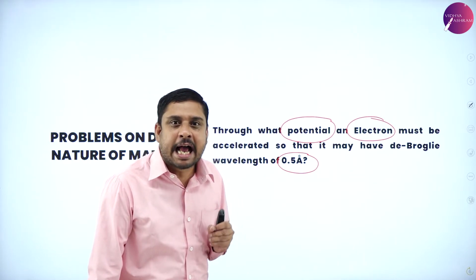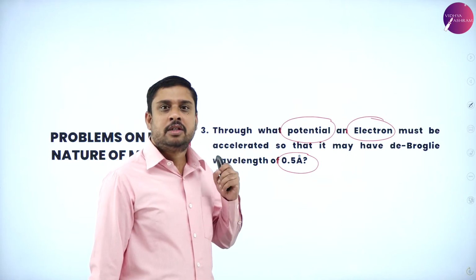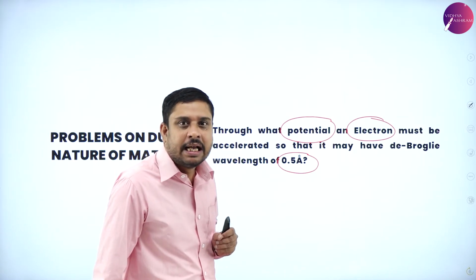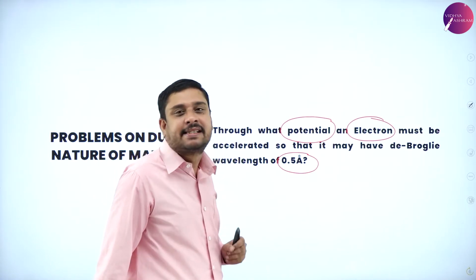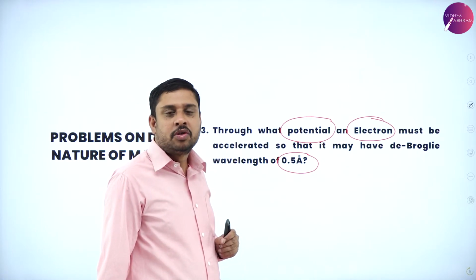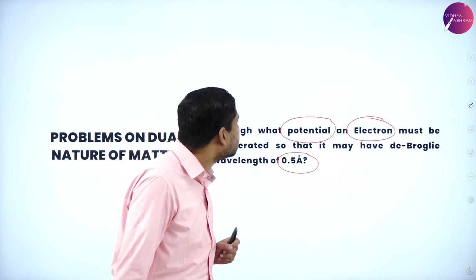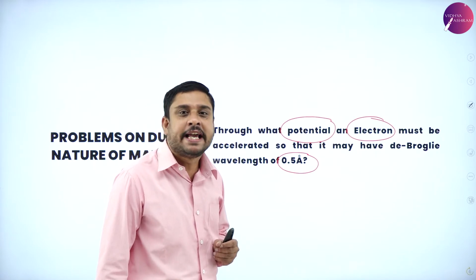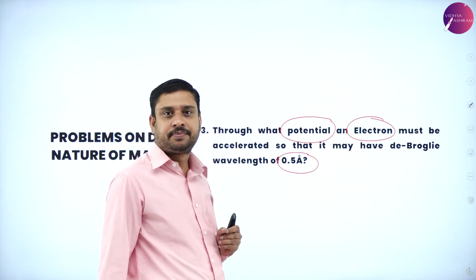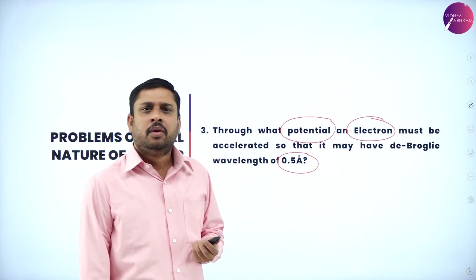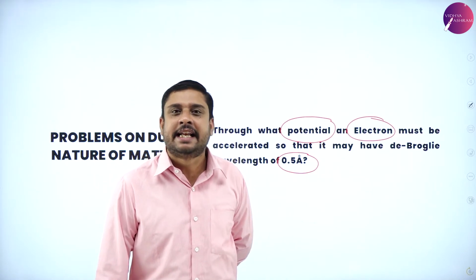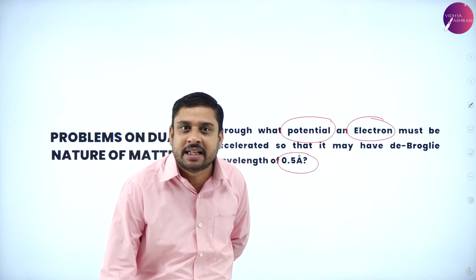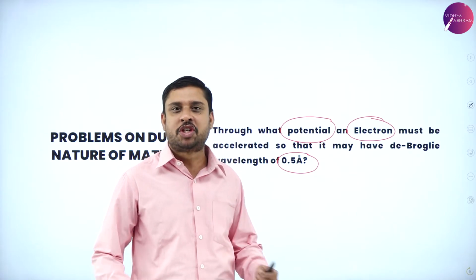So we are calculating the potential through which an electron is accelerated so that it has a de Broglie wavelength of 0.5 angstrom. Now, do I have any relationship between de Broglie wavelength and applied potential? Yes.